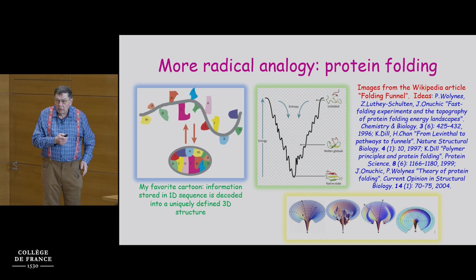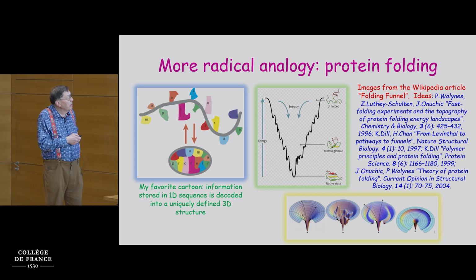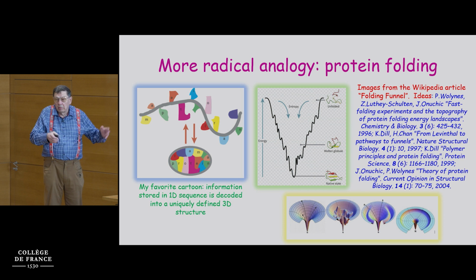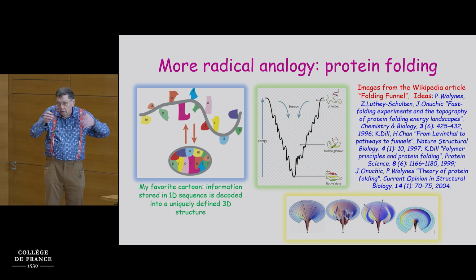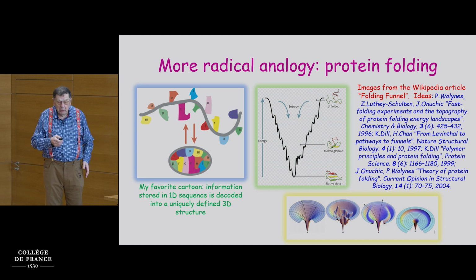So protein folding, for those who don't know, this is my favorite cartoon about it. You have a chain of different units. It's a heteropolymer or copolymer, but not a block copolymer, and not random. It's just a copolymer with a certain sequence of certain units.